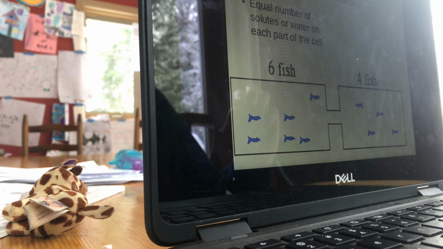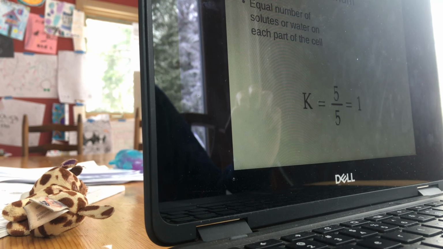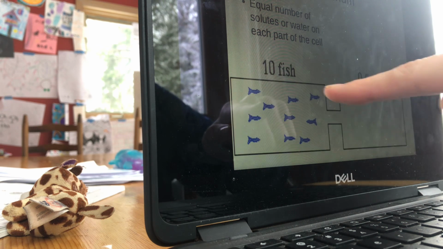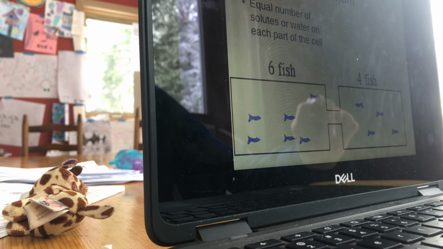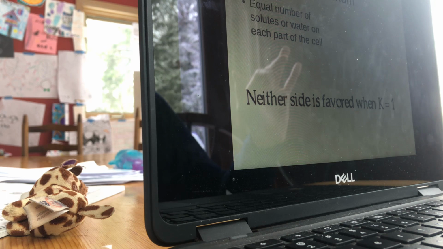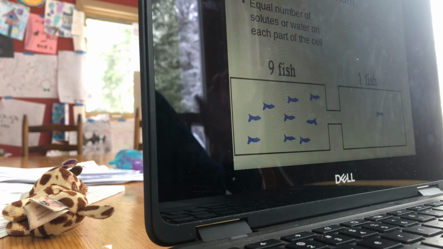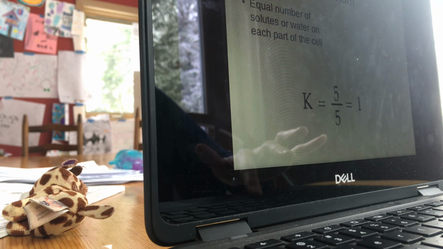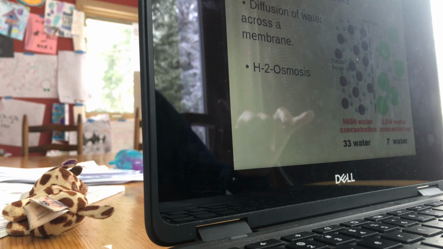Here is the motion. Ooh, equilibrium. So it starts out with 10 fish and 0 fish, and then it moves 5 fish to both sides. So now it's equilibrium, and that's where it's equal parts. Okay, so 5 and 5, equilibrium, that's diffusion.